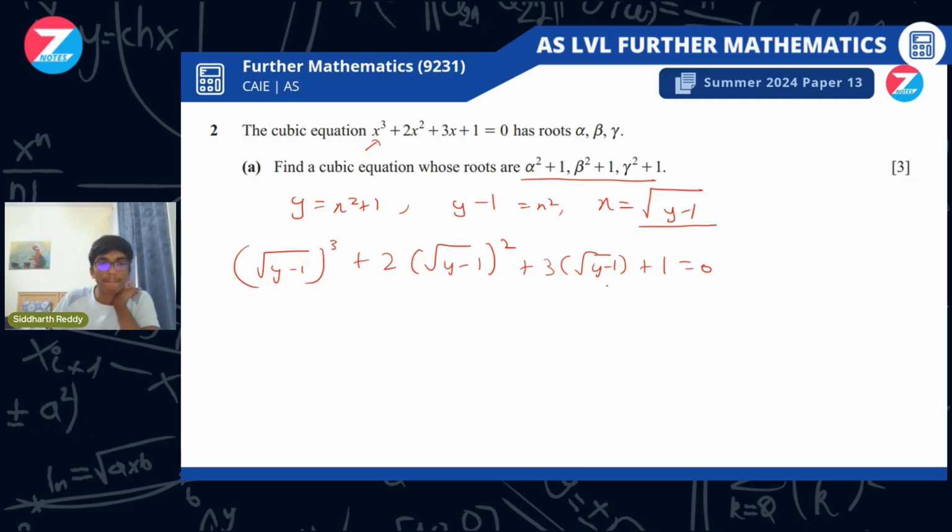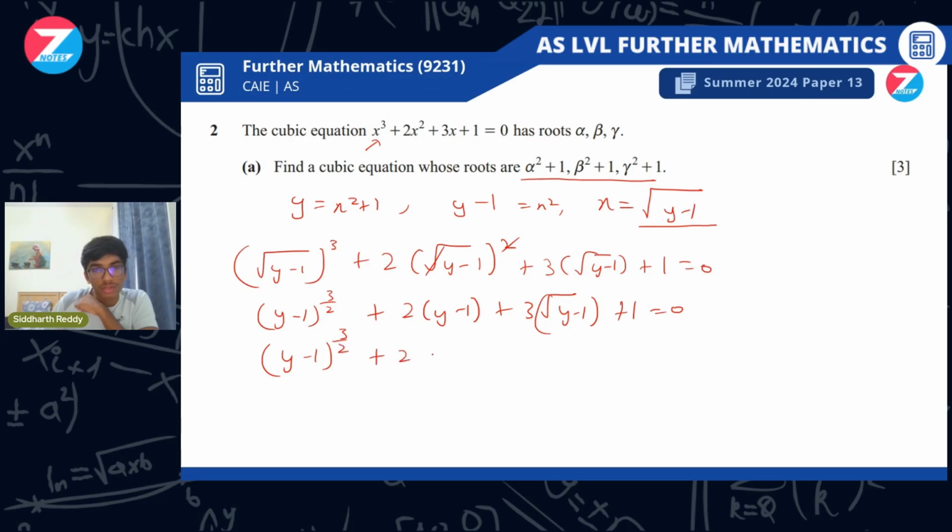We can write this as y minus 1 to the power 3 by 2 plus, and the square root on the square will cancel, 2y minus 2, and this minus 2 plus 1 will just become minus 1, plus 3 root y minus 1 is equal to 0.